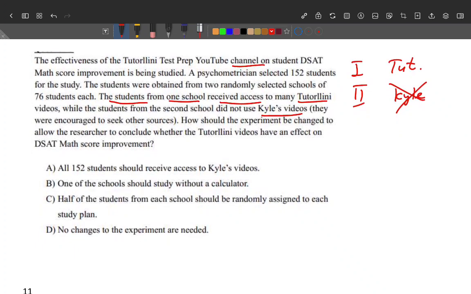Okay, how should the experiment be changed to allow research to conclude about the tutorial? We should change it for concluding the tutorial videos have an effect on improvement. First answer: all students should receive access to Kylie's video. Why?